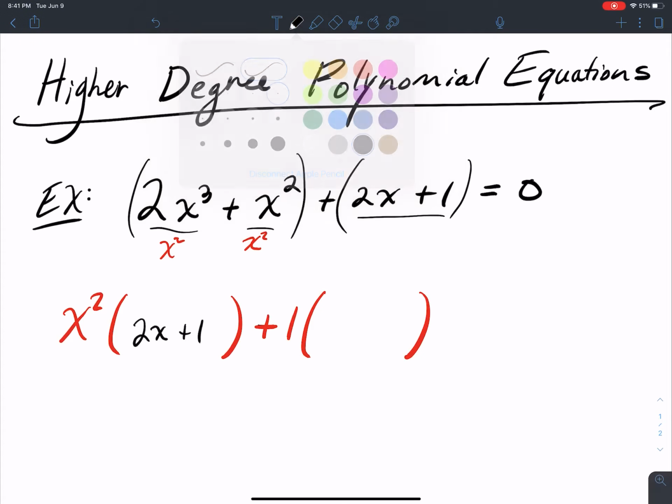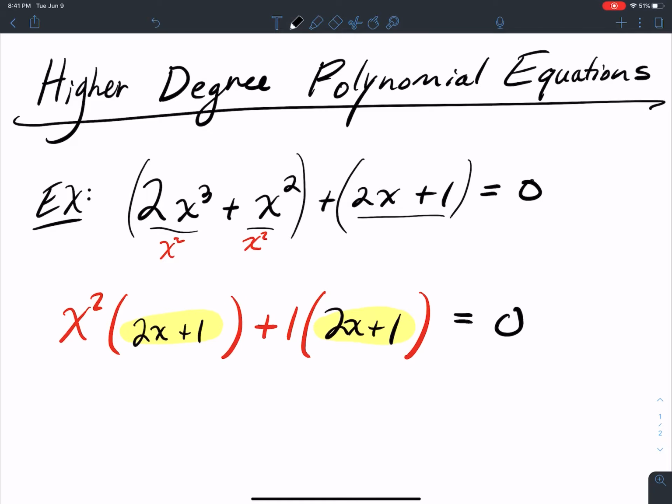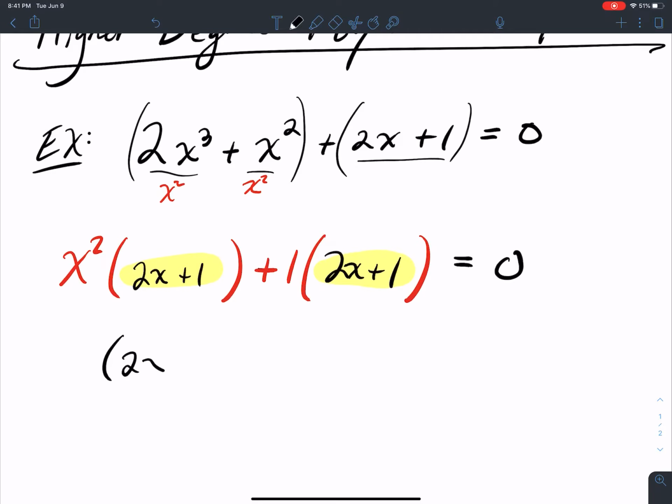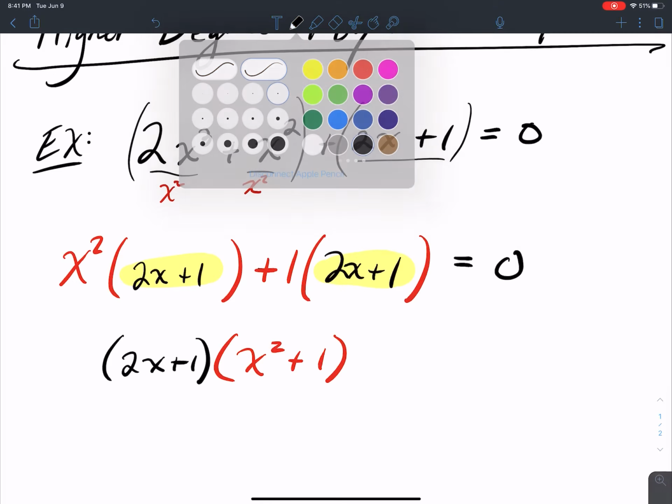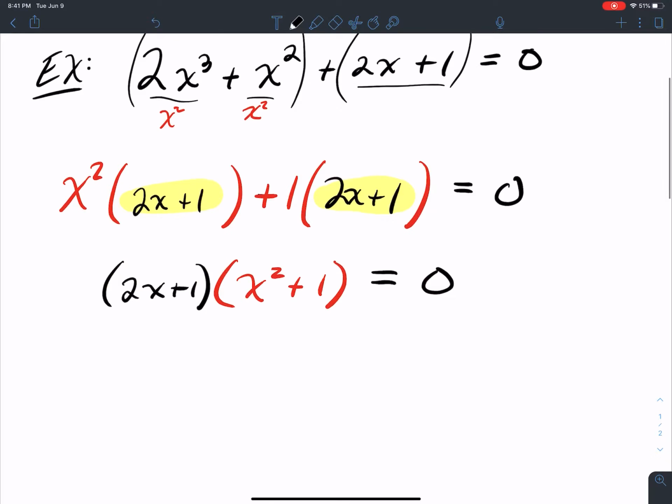And so I have my 2x plus 1 and my 2x plus 1. I'm going to factor that out of both. 2x plus 1 times x squared plus 1 equal to 0.